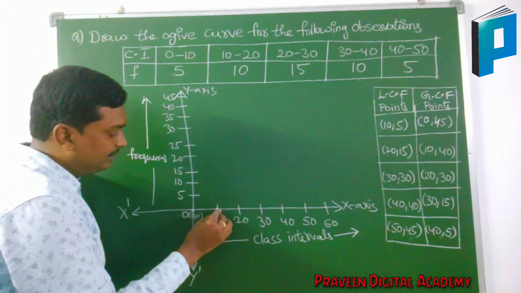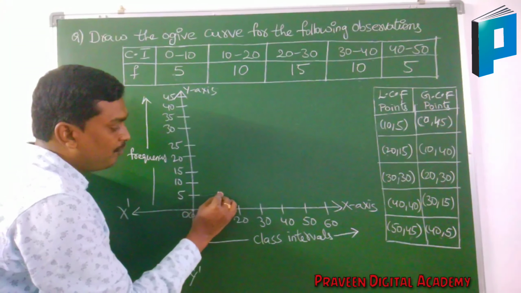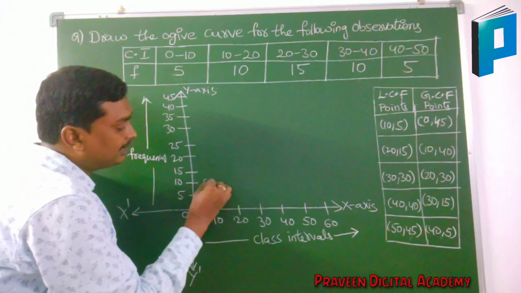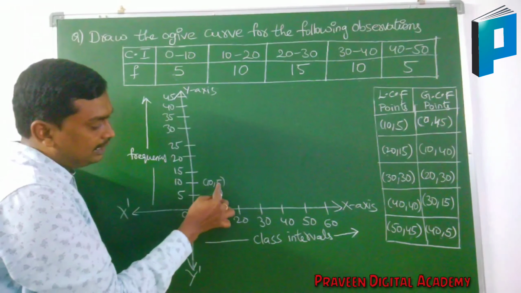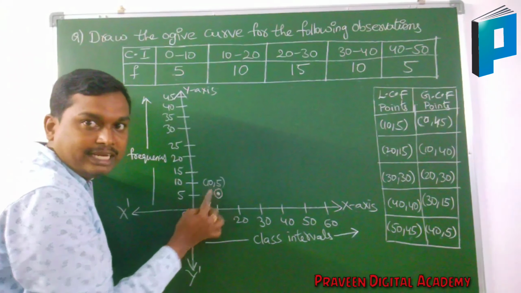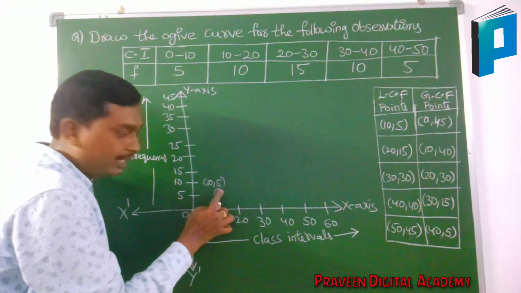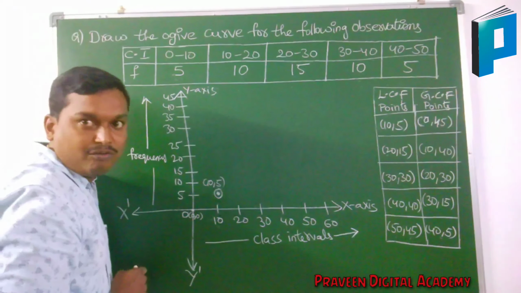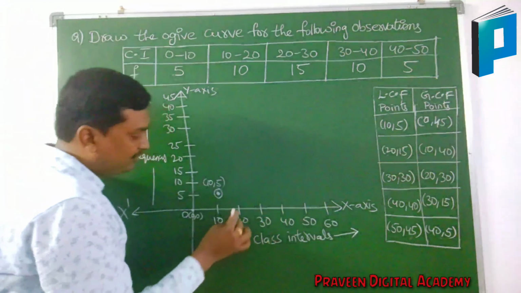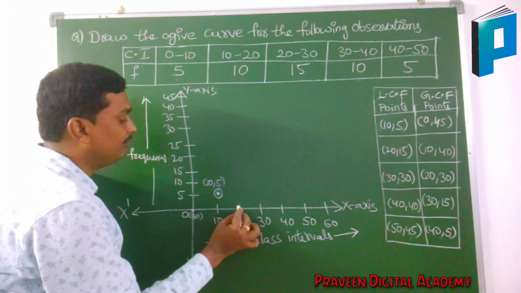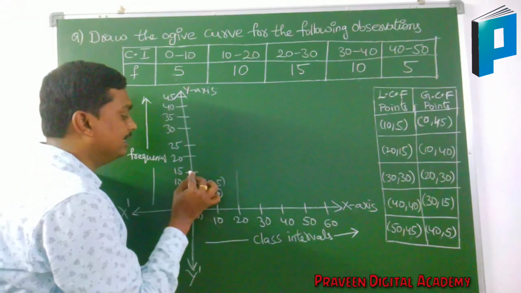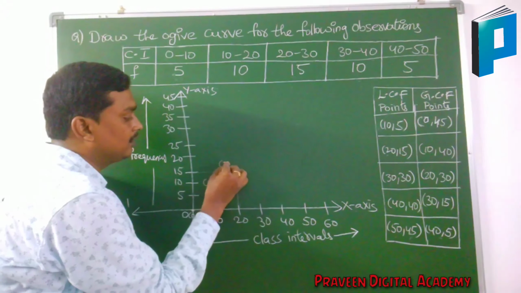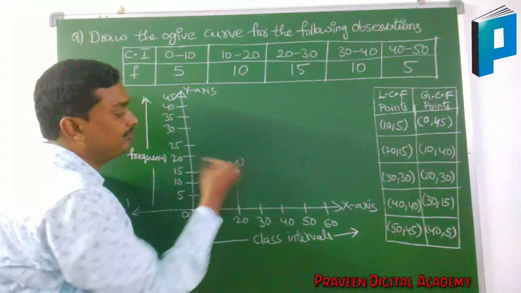Wherever both meet, that point is called 10, 5. And 20, 15, that is the point 20, 15.